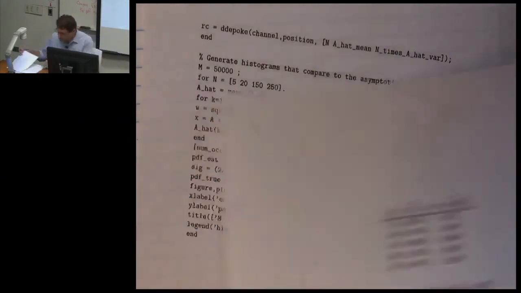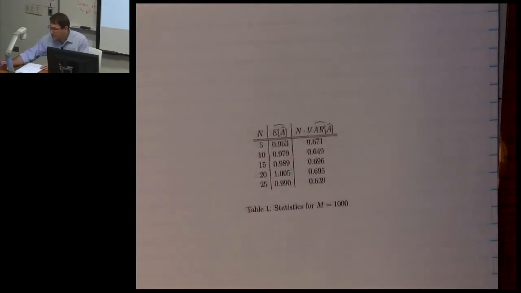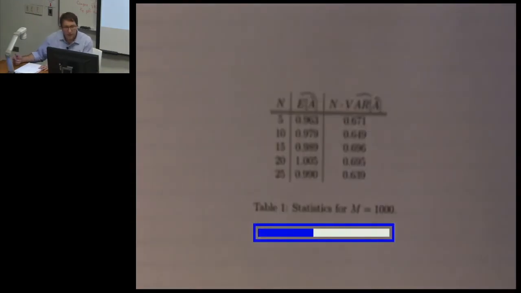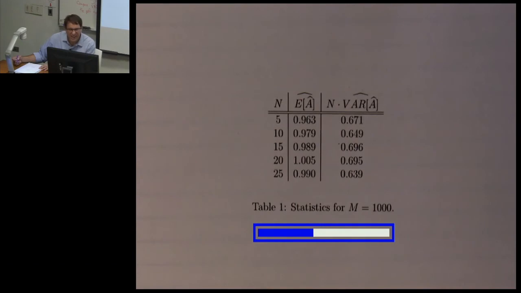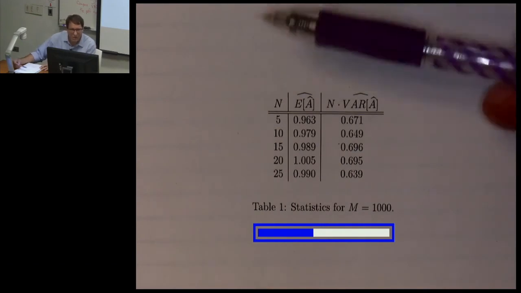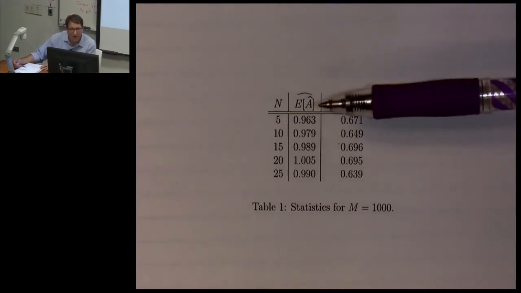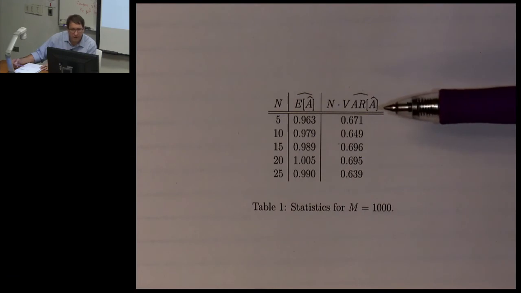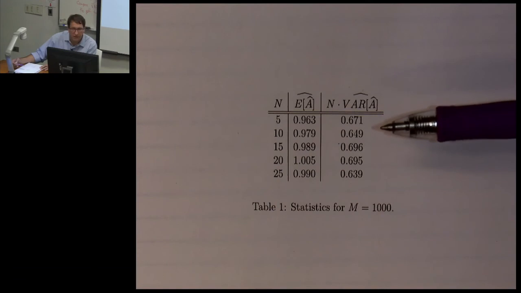All right, we run the numbers, and for m equal to 1,000, this is what we get. The true value of a is 1. The asymptotic variance for the estimate is 0.667.